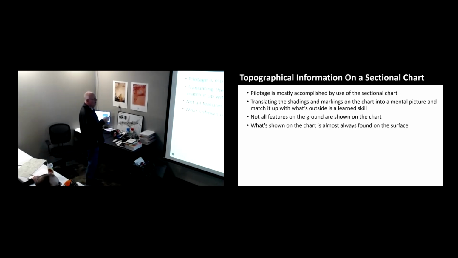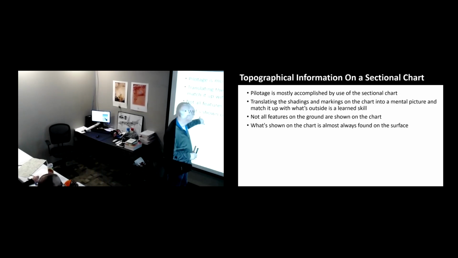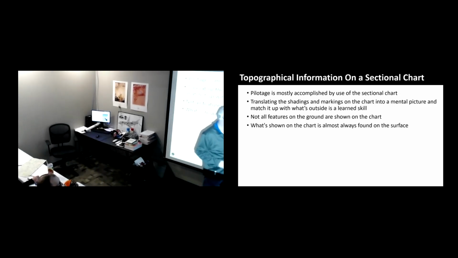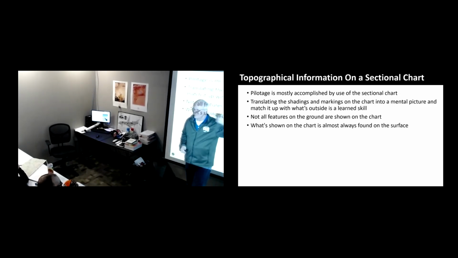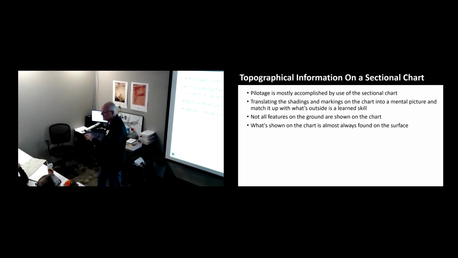All right. Not all features on the ground are shown on the chart for obvious reasons, right? It would get really, really ugly. But what's shown on the chart is almost always found on the surface. Now, here's the kicker there, right? What's shown on the chart is assuming a building didn't burn down, right? The kicker is that just because it's on the chart doesn't mean you can see it in the air, right?